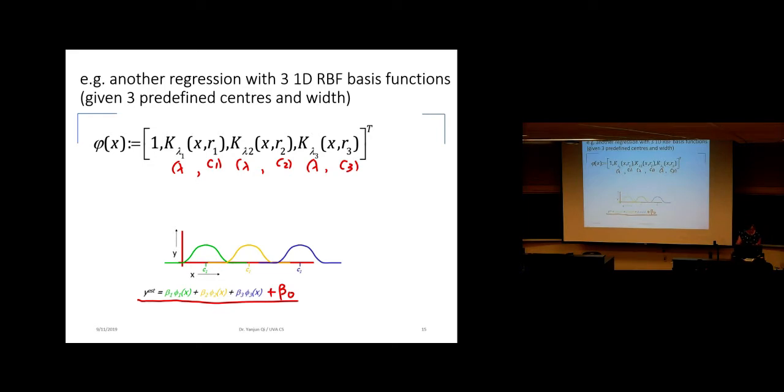So we should just keep theta. My f(x) is theta 0 plus theta 1 k lambda 1 (x, r1), and so on up to theta 3 k lambda 3 (x, r3) in this case. Okay, so this is my representation.